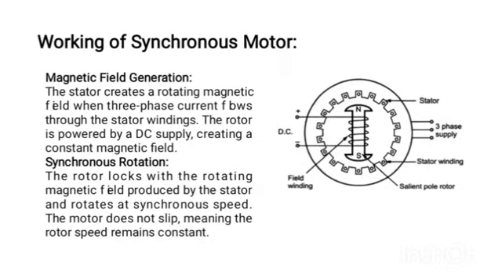Next, we are going to discuss the working of synchronous motor. This is the construction as shown in the figure. The parts of this machine: stator, rotor, field windings, stator windings, and three-phase supply. We connect the three-phase supply to the stator windings and DC excitation to the rotor windings.